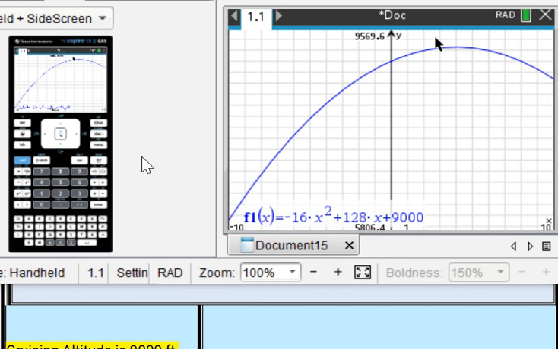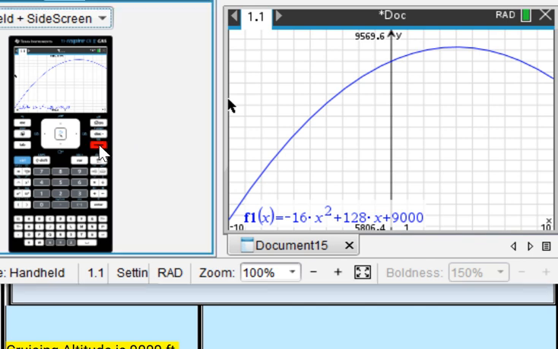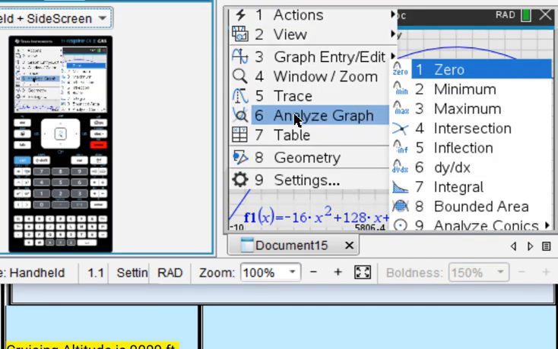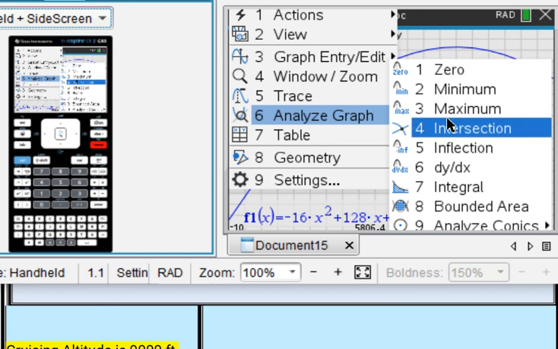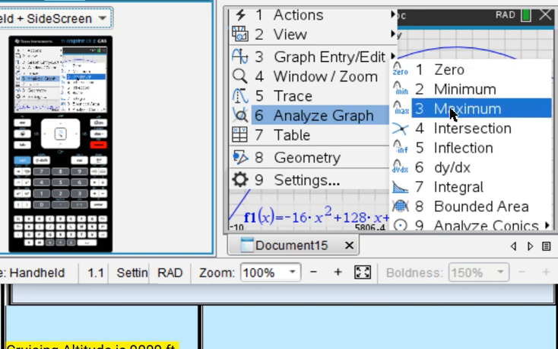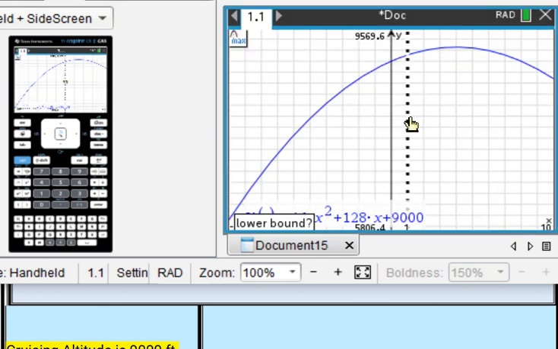So our command, make sure it's written on your paper so you don't forget what to do, is menu, choice 6 for Analyze Graph, choice 3 for Maximum. So the first thing we do, somewhere over here on the left, we find a lower bound. I press enter exactly 1 time.